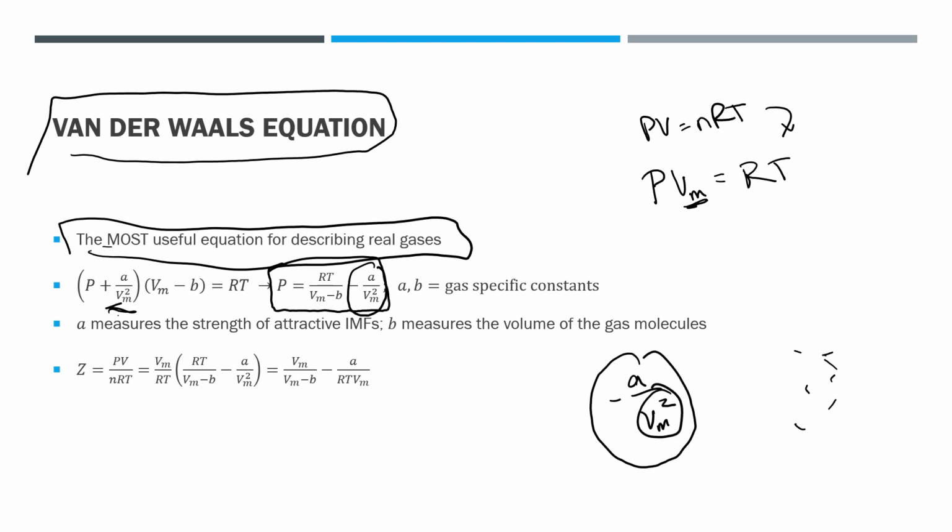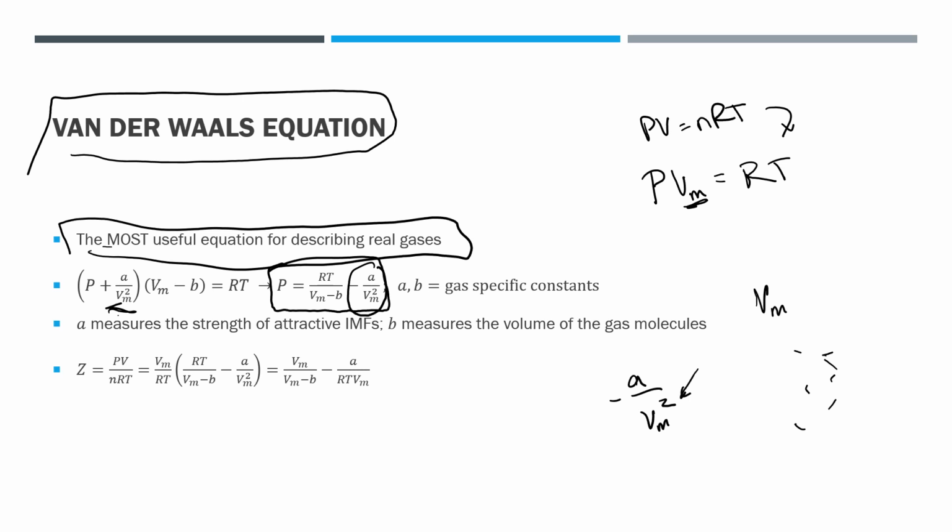But why do we have V molar squared on the bottom, right? How does that impact how much our pressure is going to be reduced? The lower the value of V molar, the more tightly packed together the gas particles are, and the stronger the IMFs are going to be.